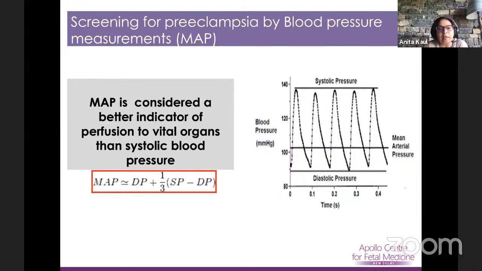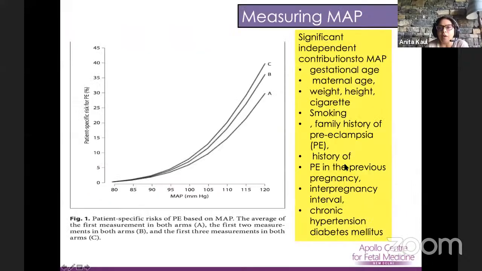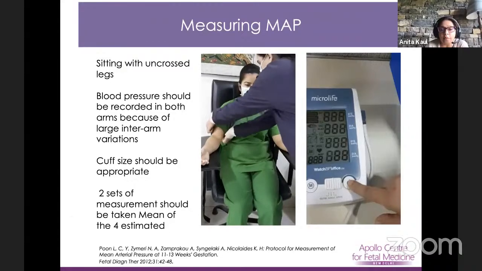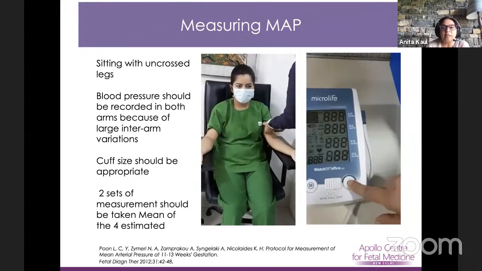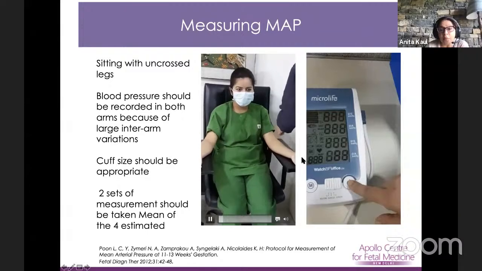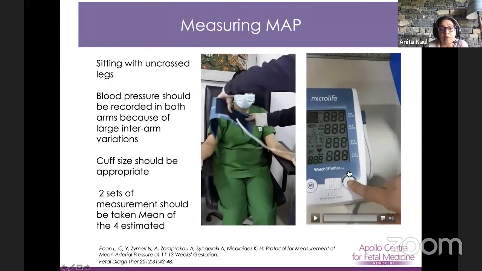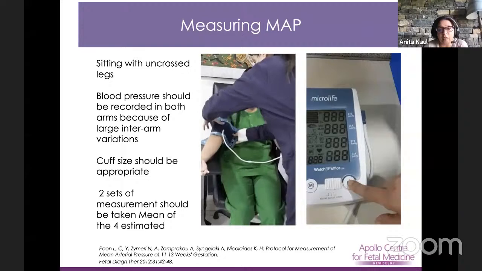So you need to swap over, and again, because the MAP independently varies with gestational age, maternal age, whether she's a smoker, her weight, her height, and all these other things, you cannot compute it yourself. You need to use an algorithm. I'm going to spend a few minutes telling you about measuring the mean arterial pressure, because it is so important. We have to start doing it.